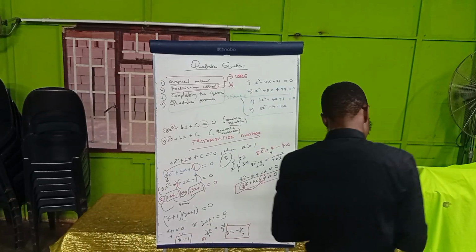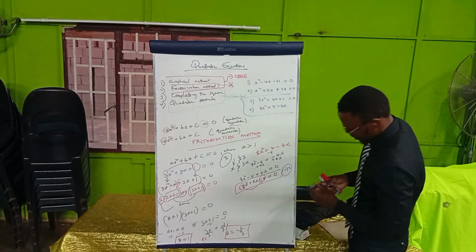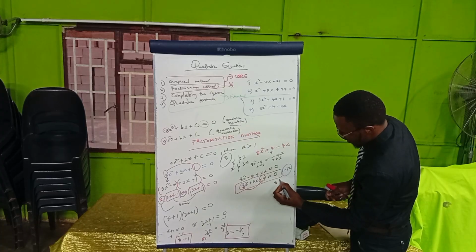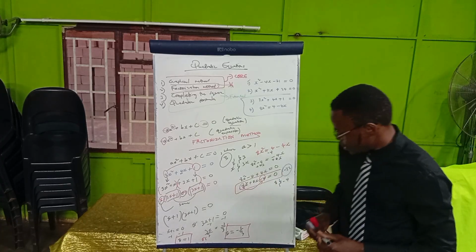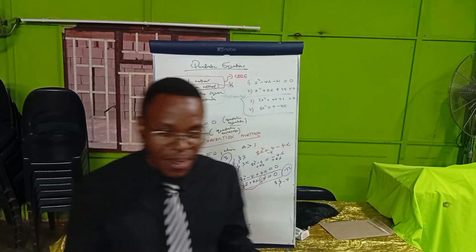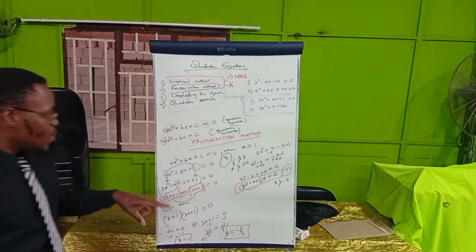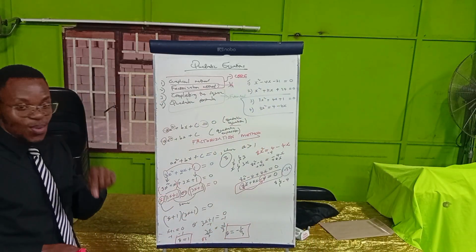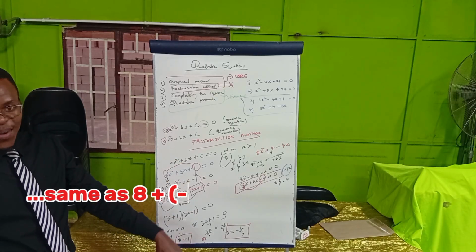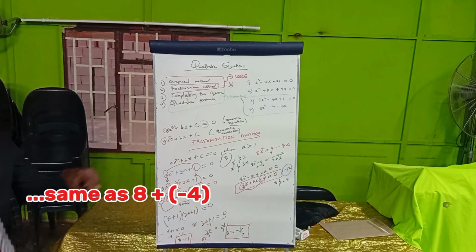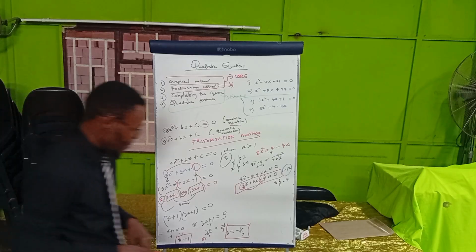Negative 4 and 8, or you can just say it is positive 8 and negative 4. It's because when you say 8 times negative 4, you are going to get negative 32. And when you say 8 minus 4, you are going to get positive 4.